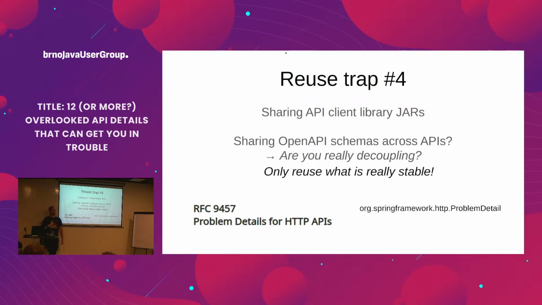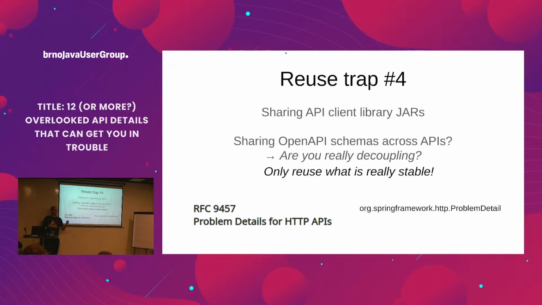Because if it changes, then you have multiple versions that have dependencies in different places, and it's really hard to manage that. So sometimes duplication is better than too much reuse.